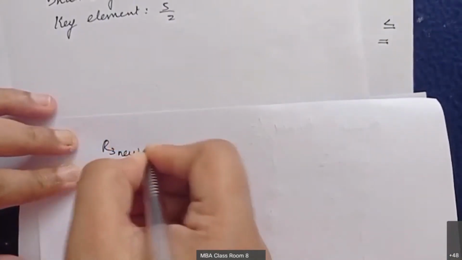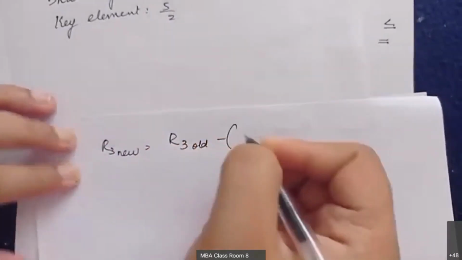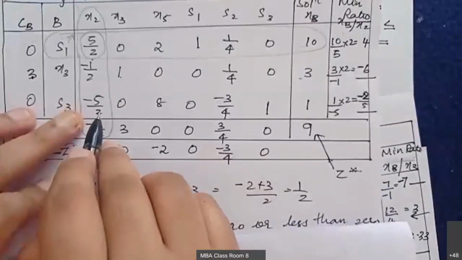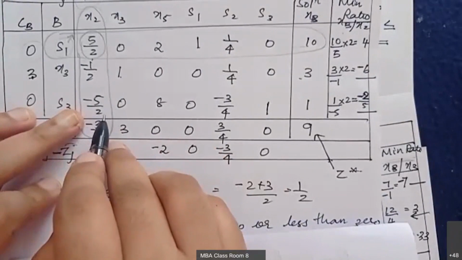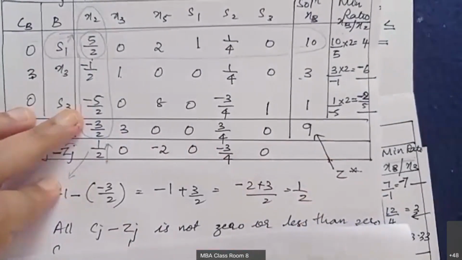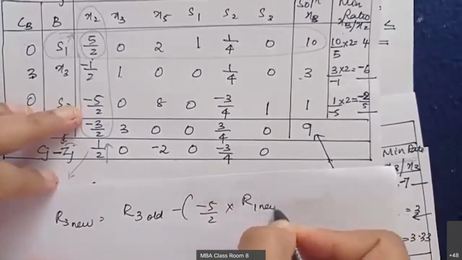R3 new. Okay. So R3 new is equal to R3 old minus the number above or below the number over here. It is minus 5 by 2. So it is minus 5 by 2, minus 5 divided by 2 into R1 new.